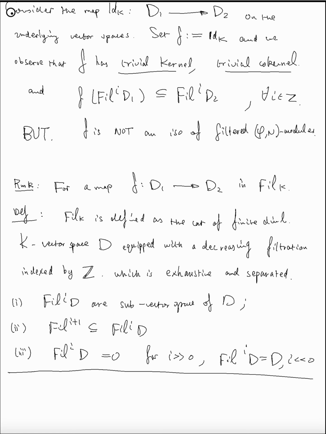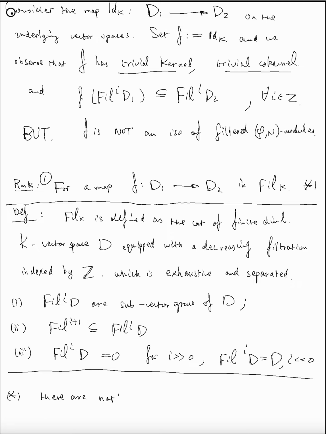Okay, so as you could guess, what are the morphisms? So let me go back here. For a map f from D1 to D2 in Fil K, there are some following notions here.